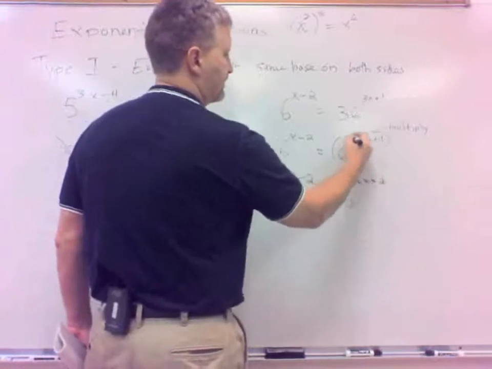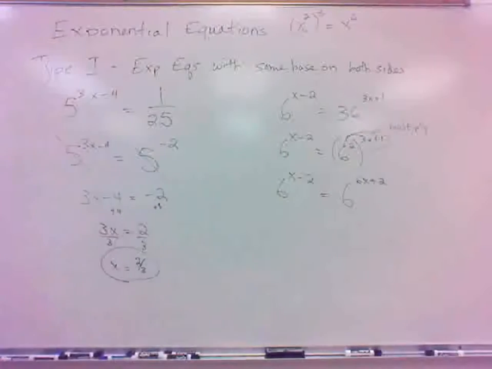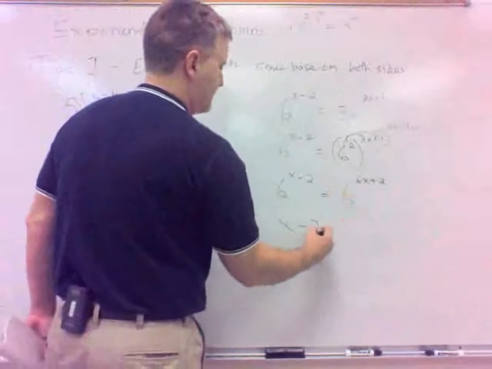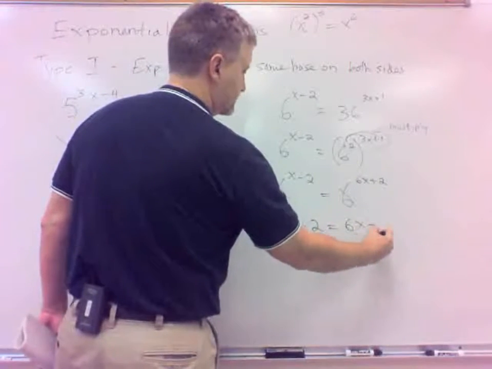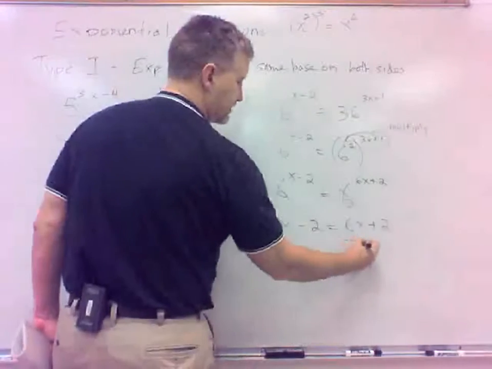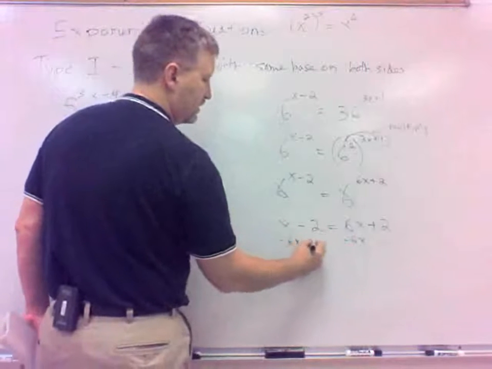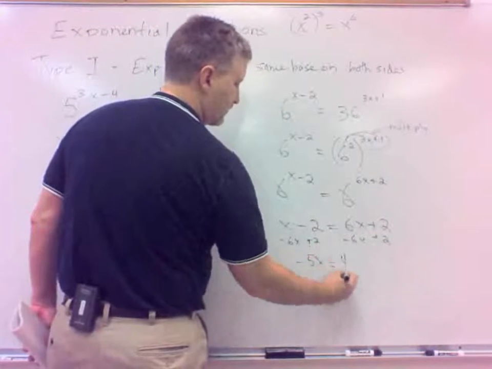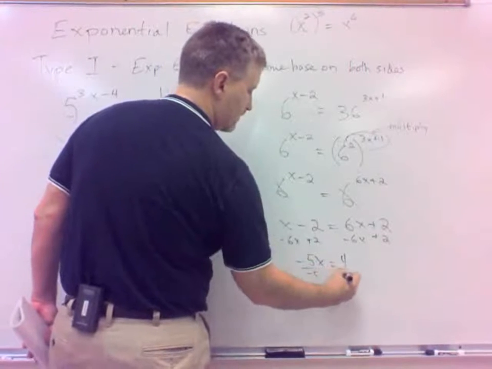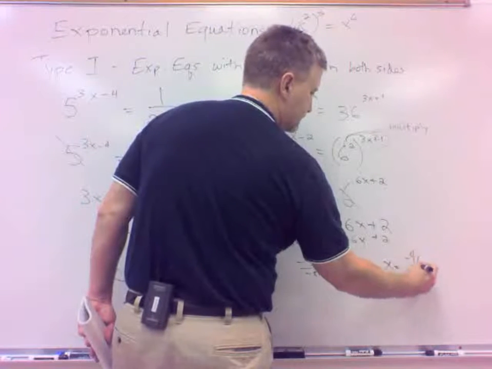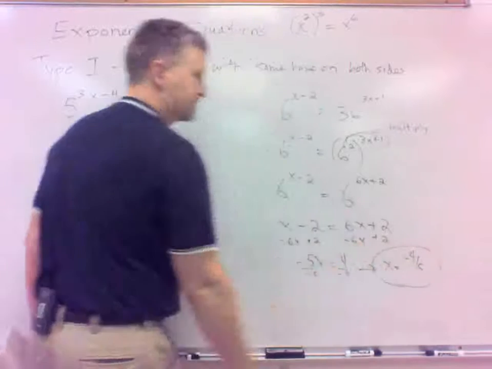So I've got to multiply 2 times both of those. Then I can cancel the base 6's out. x minus 2 equals 6x plus 2. I'm going to subtract 6x and subtract 2 from both sides, and that would be negative 5x equals 4, divided by negative 5. And I see x equals negative 4/5. Question or concern?